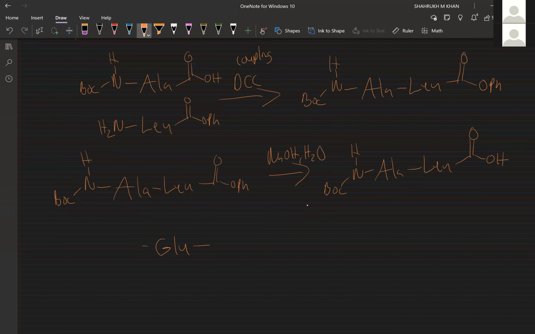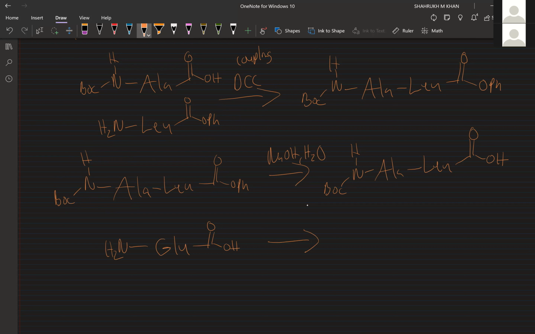And we are going to protect what side? N or C here? C, right? We are doing the C bond from the peptide to the N of the glutamate, right?